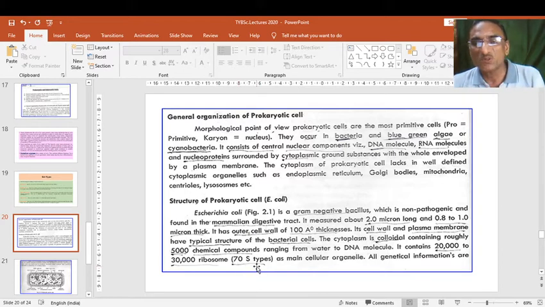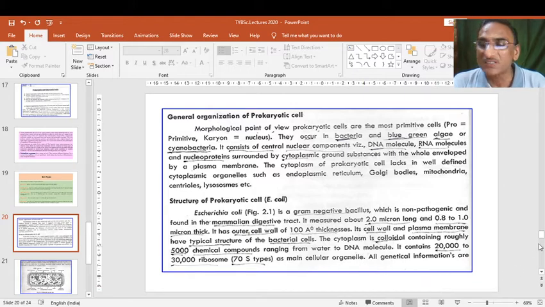Generally, ribosomes are of two types, 70S and 80S, but in prokaryotic cells only the 70S type of ribosomes are there. And these are the main cellular organelles, because the others are absent, as we have seen in the previous topic.